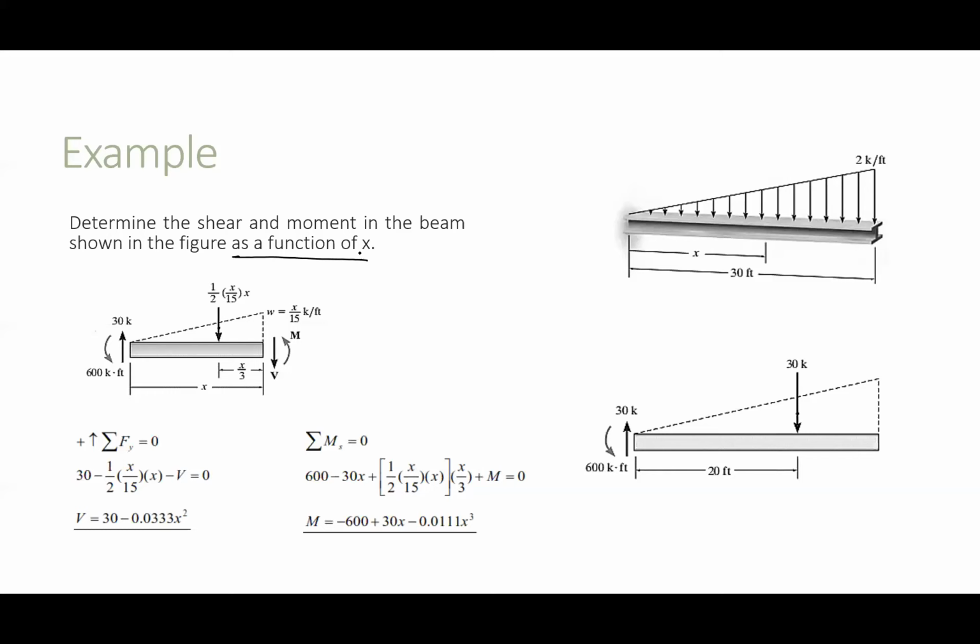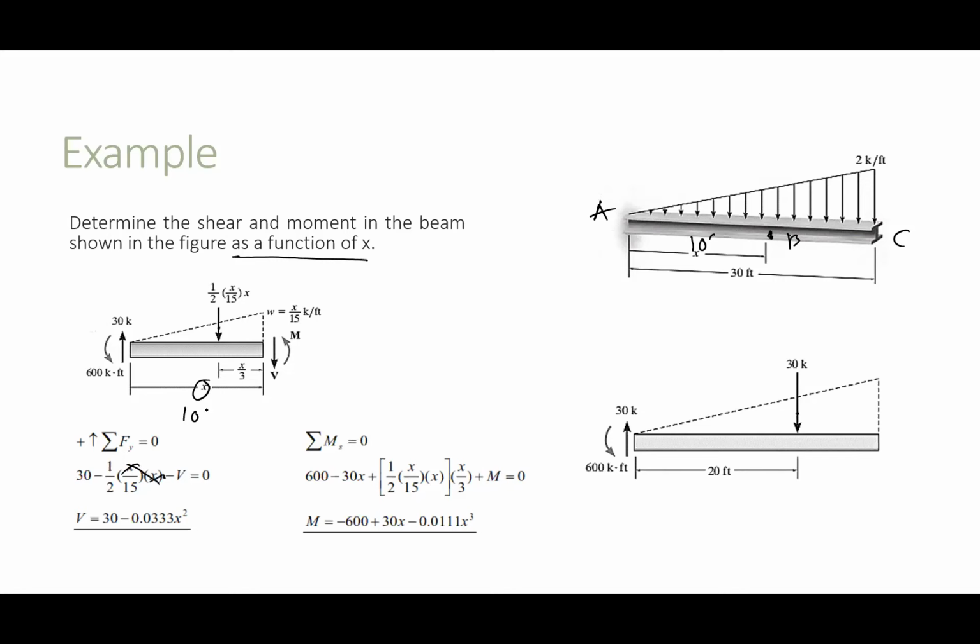Pinakamadali is, if ang tanong, kunyari, what is the shear and moment at points, sabi natin this is point ABC, tapos kunyari, this is 10, kunyari may distance siya, 10 feet. So what is the shear and moment at point B in the beam? So instead of x, gagawin nyo na lang tong 10. So, and then the same procedure. So, it is simpler because wala na tayong constant na x, no?